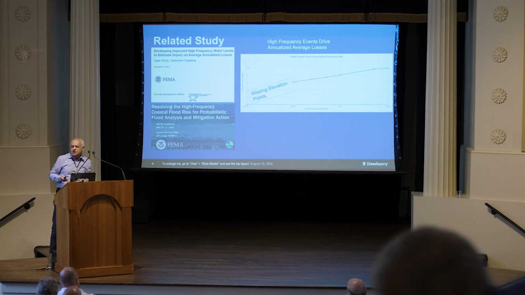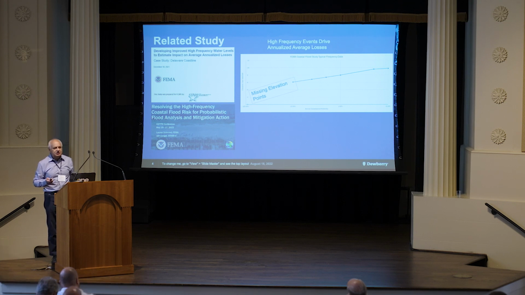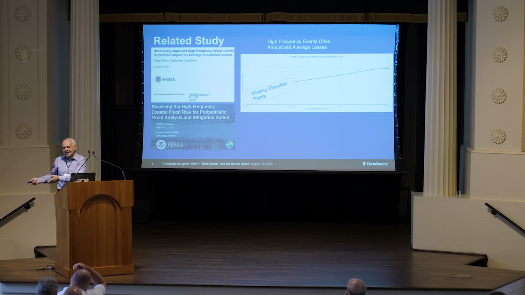Generally what you have from a FEMA study is water surface elevations from 10% to 1%, in other words, 10-year and above. And then that lower segment is totally missing. The elevation points are missing.